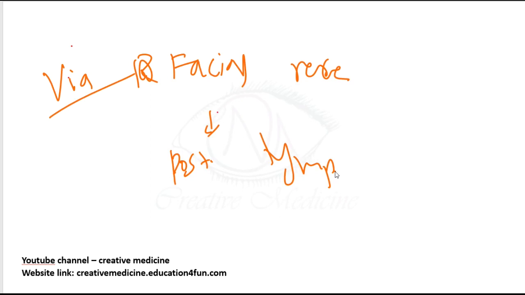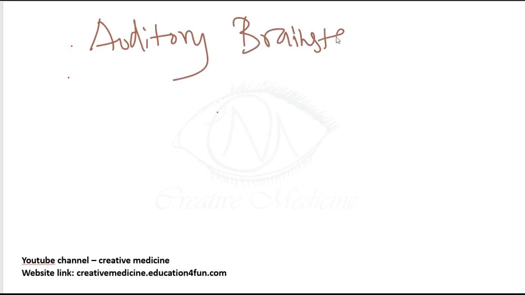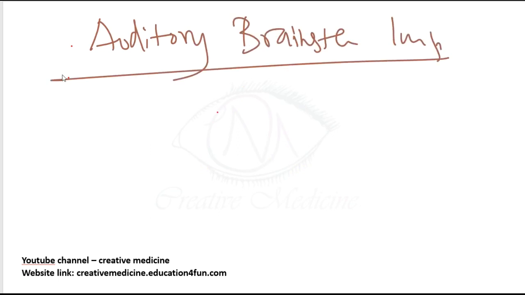Okay, next, the last hearing aid for this chapter is the auditory brainstem implant. In the auditory brainstem implant, the cochlear nuclear complex in the brainstem is stimulated. How?